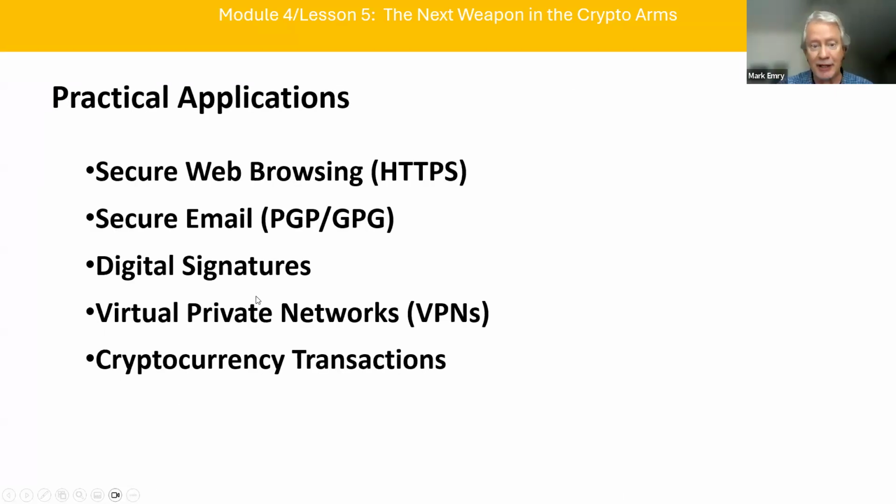There are some practical applications. Secure web browsing, HTTPS, you'll see that. Secure email, digital signatures, which we'll speak about later. Virtual private networks, so VPNs, use asymmetric key cryptography, and cryptocurrency transactions.